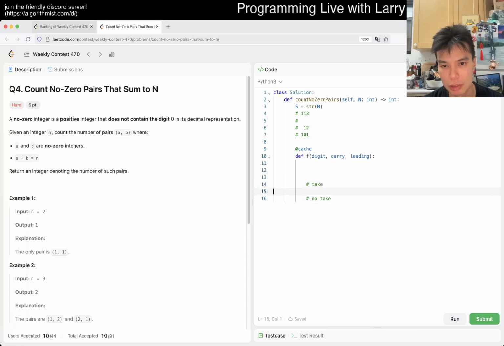Okay, if we take no tick, then we have to go to... is there a leading thing? I don't think so.